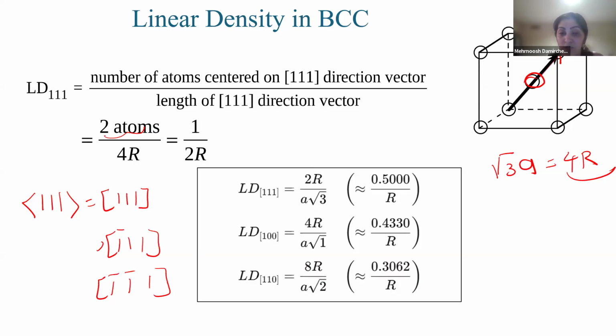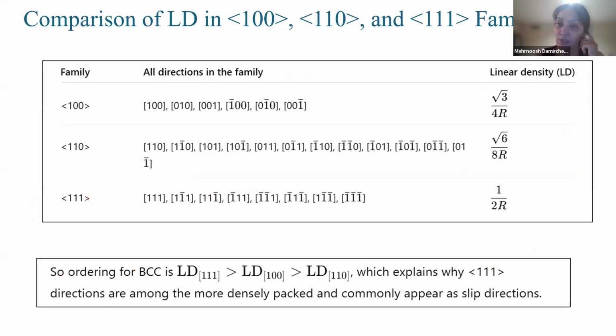For [1, 0, 0], if you remember, it means these directions, the directions of, for example, x, y, z of the cell, it is 0.433 per r. And LD, or linear density, in [1, 1, 0], if you remember again, it should be along the diagonals of different faces, should be 0.3062.